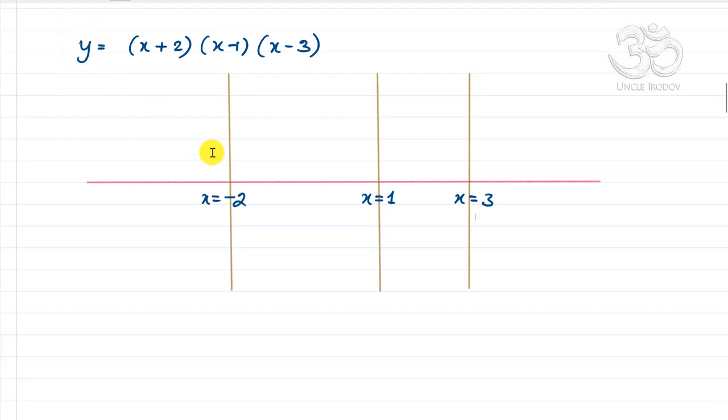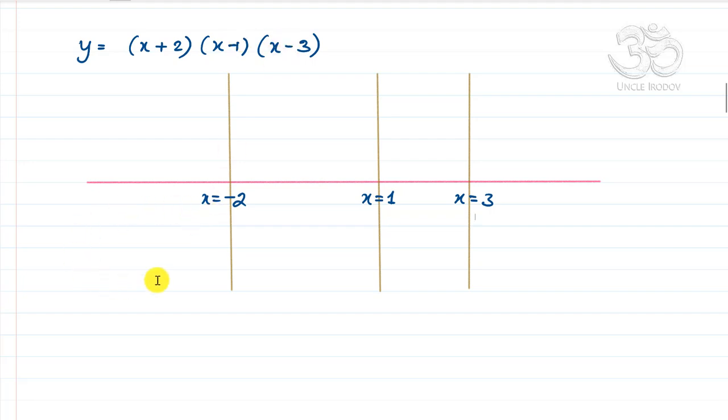What's the sign of y when I have x less than minus 2? So let's have a look at the first term. First term will be negative. Suppose you take x is equal to minus 5. Then the first term is going to be negative. The second term, all three are negative.